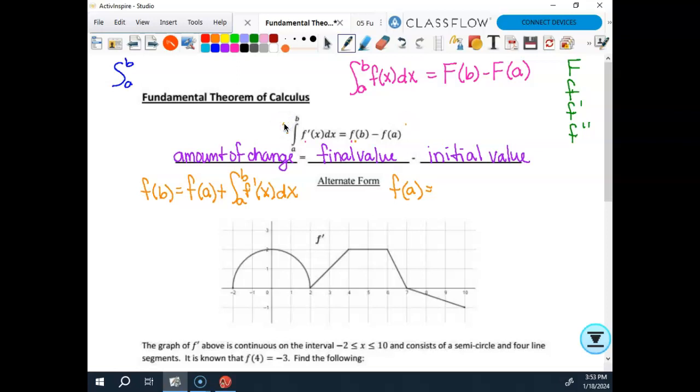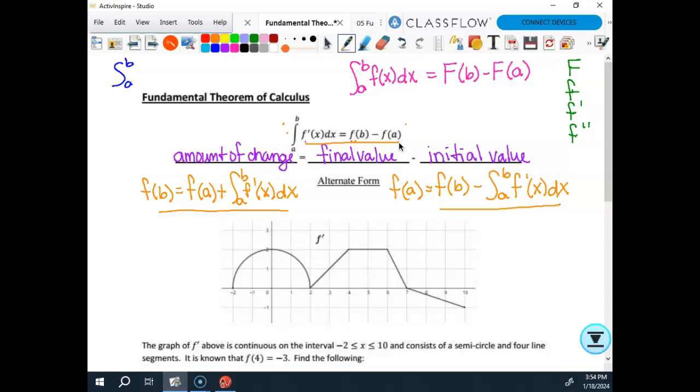So that would give me f of b minus, so the initial amount is the final amount minus the amount of change, the integral from a to b of f prime of x dx. Okay, so this, and this are all saying the same thing. We just have solved for a different one.